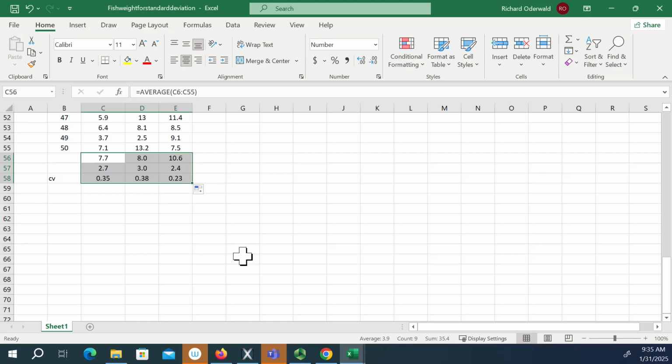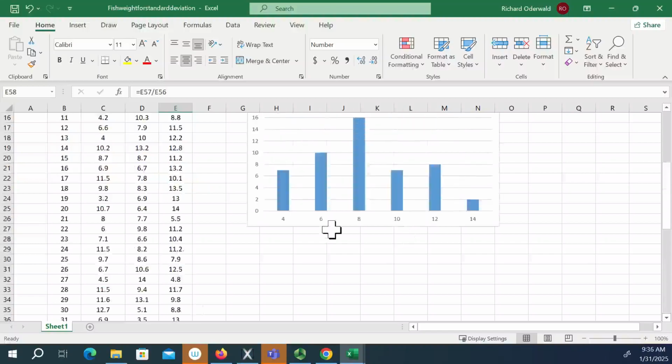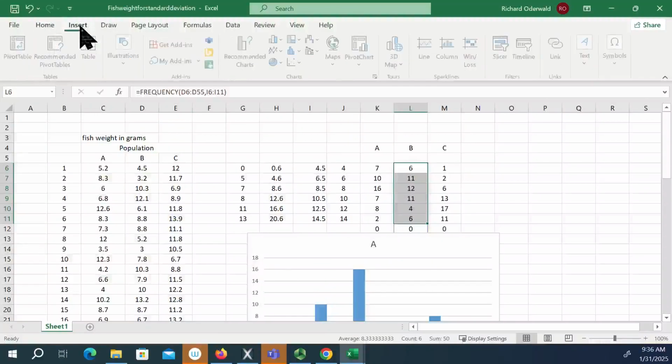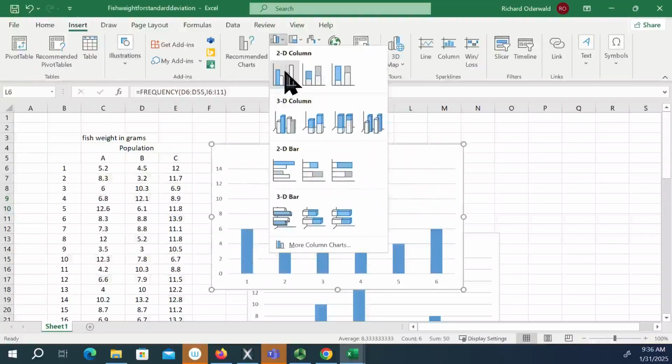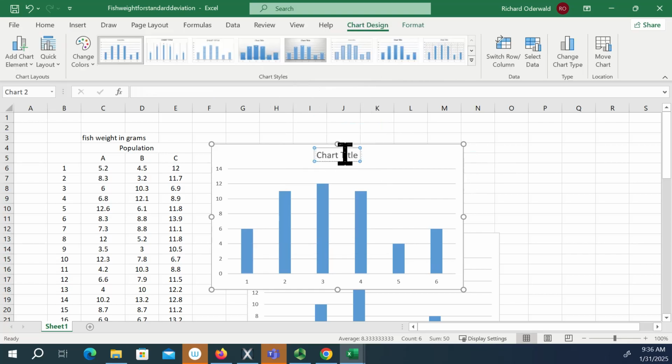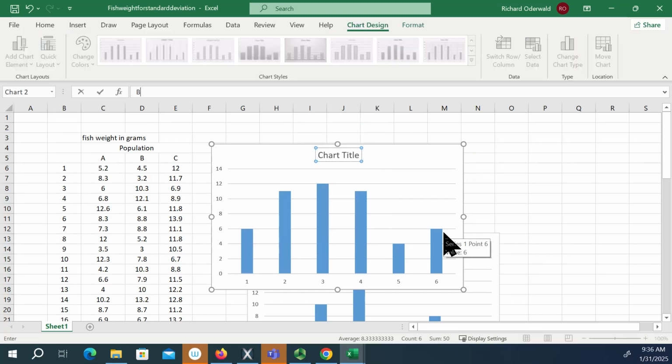Which one has the smallest coefficient of variation? C column, and they always refer to this as a percent. So this is 23%. All right, go back up, insert, bar chart, and this is population B.